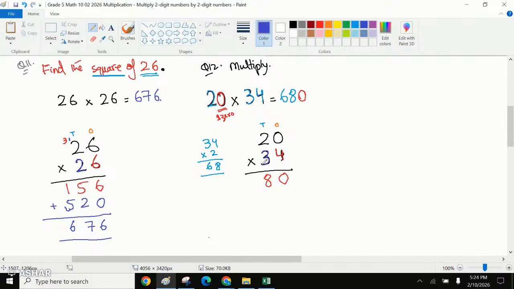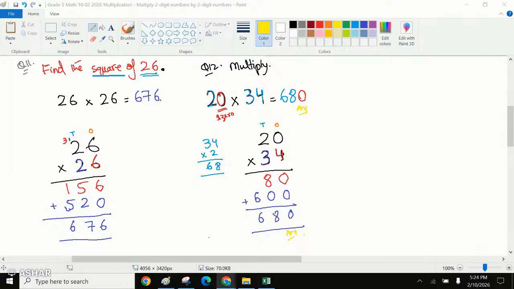When we are multiplying the tens, we put a 0. 3 multiplied by 0 was 0, and 3 multiplied by 2 was 6. 0, 8, and 6. So whichever way you think is easier and more convenient for you, you can use either of these methods. But what I would recommend is, whenever you have a number ending with a 0, you do the easy working. Okay?